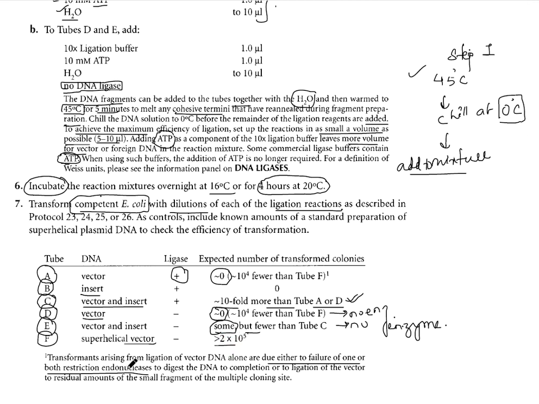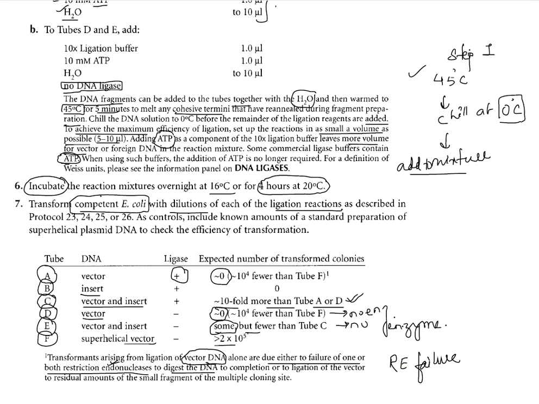So if there is growth of colonies from ligation of vector DNA alone, it is due to failure of the restriction endonuclease to digest the DNA. When only vector is there and you observe some colonies, what went wrong is that restriction enzyme failure occurred, and digestion at one of the restriction sites was not possible.